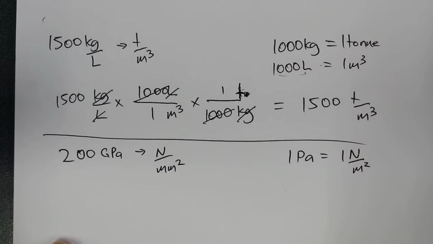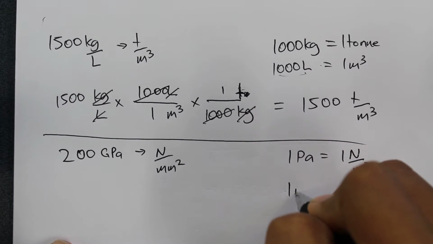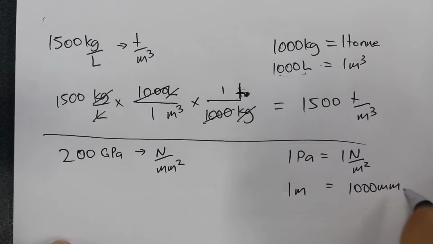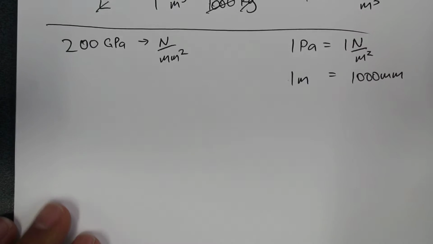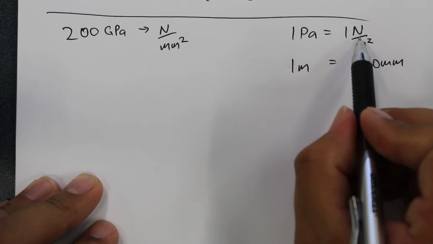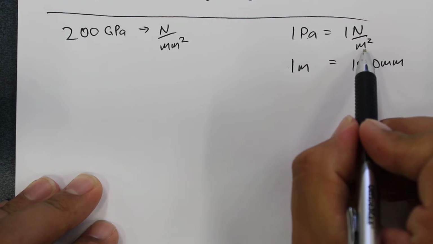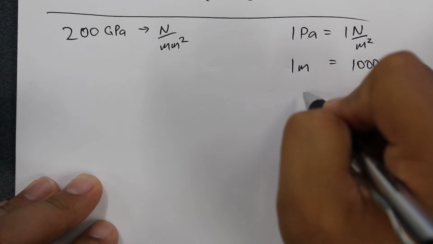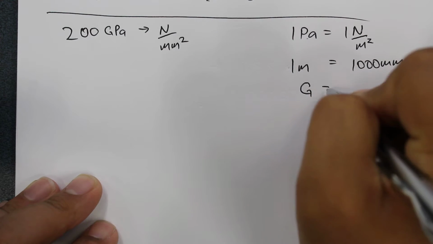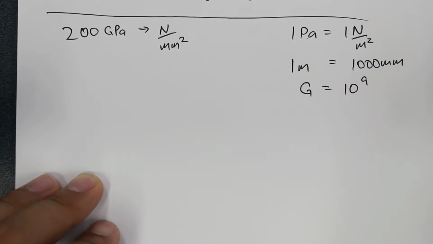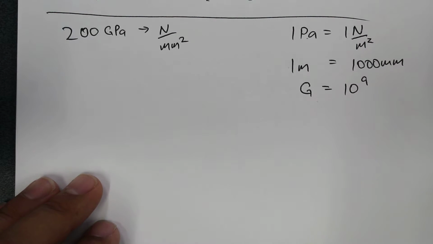Second thing that we need to know is that in 1 meter we have 1,000 millimeters. Okay, so what we'll do here now is we can replace the pascal unit with newtons per meter squared. Maybe the third thing that's useful to know is that the giga prefix is equivalent to 10 to the power of 9, or 1 with 9 zeros at the end.